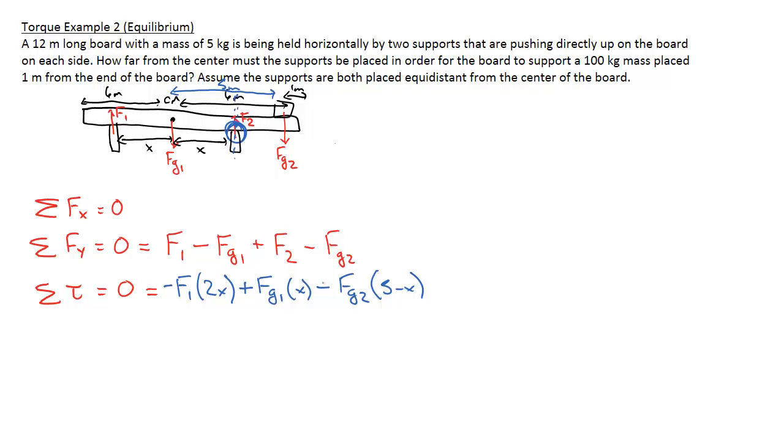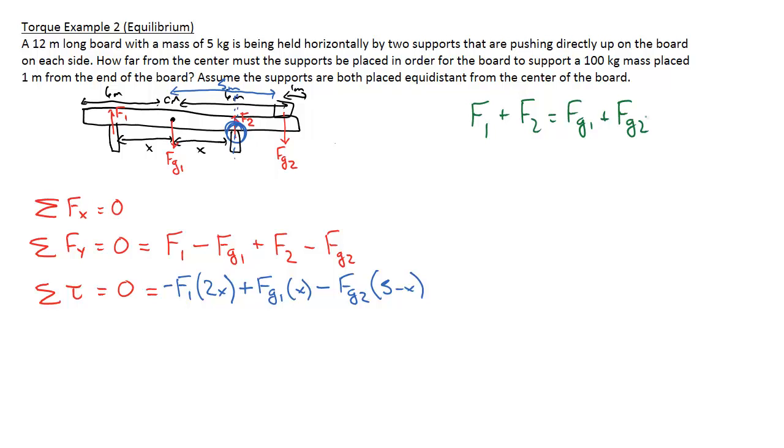So if I look at the equations, for the first one, I have F1, I'll just simplify this, plus F2 equals FG1 plus FG2, which is fine.